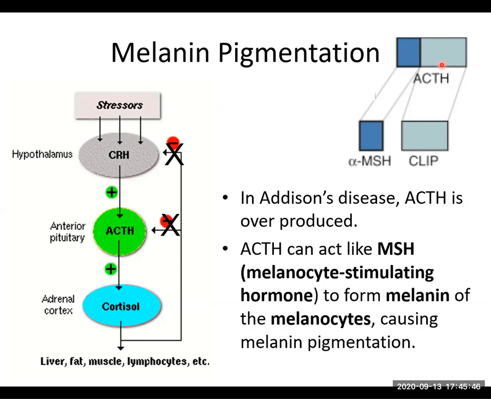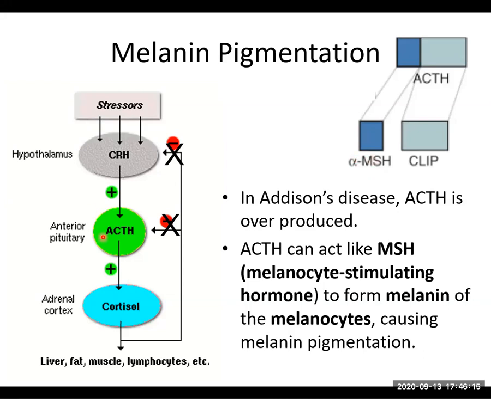ACTH can act like the MSH, the melanocyte stimulating hormone, because part of these proteins have the same feature as the MSH to bind on the melanocytes to produce the melanin pigmentation.